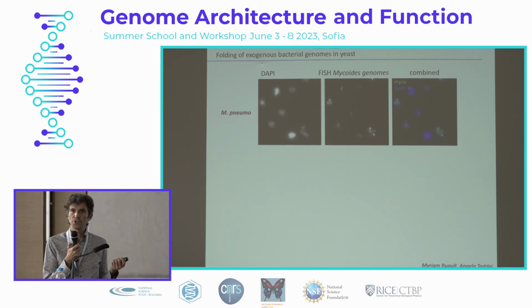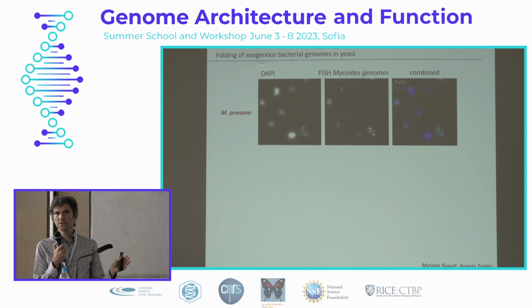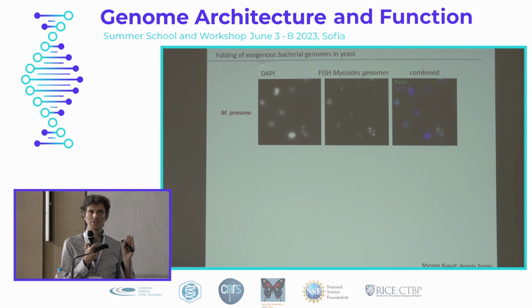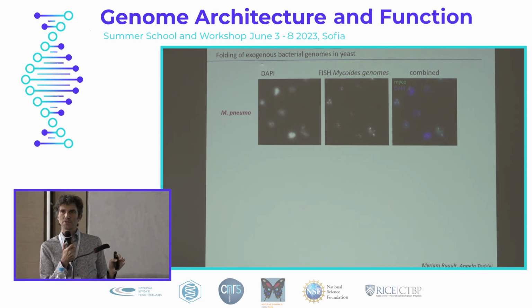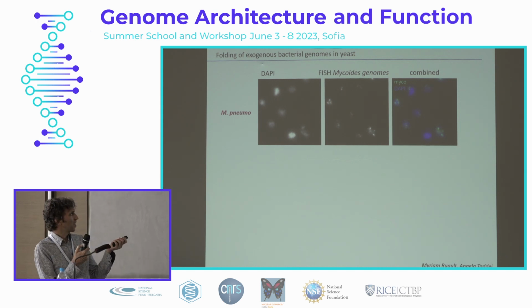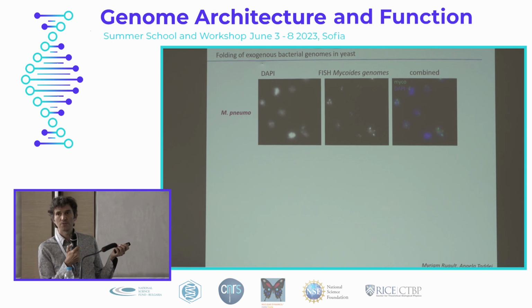The FISH experiment was quite nice because we can just take the genomic DNA of the real bacterial strain, label the DNA, and then do FISH on the yeast cells that contain this bacterial genome. So here the label is done with the entire mycoides genome, labeled in green, and we also label the strain with DAPI to look at the rest of the chromosomal set.